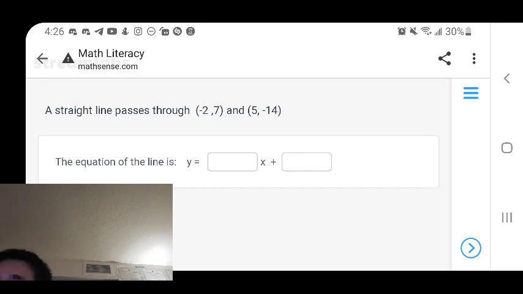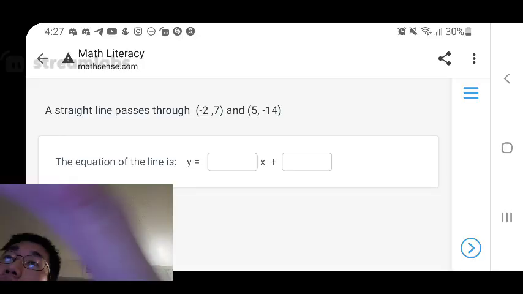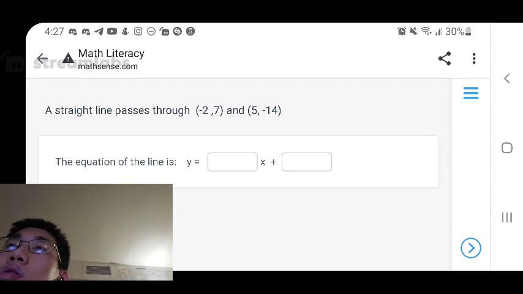Let's say y is 7 here, x is -2. So you know b is 1. Let's also plug in 5, double check. -14 equals -15 plus b. So b is also 1 here. y equals negative 3x plus 1. So, yep.